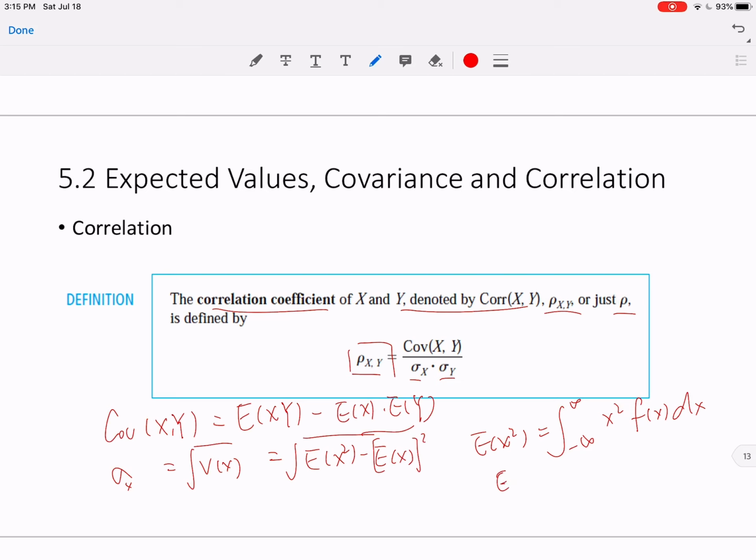Of course, E of x would be equal to the integral from negative infinity to positive infinity of x times f of x dx. Okay, so for the standard deviation of y, that would be the same thing. We just need to replace the x with y in those two integrations here.